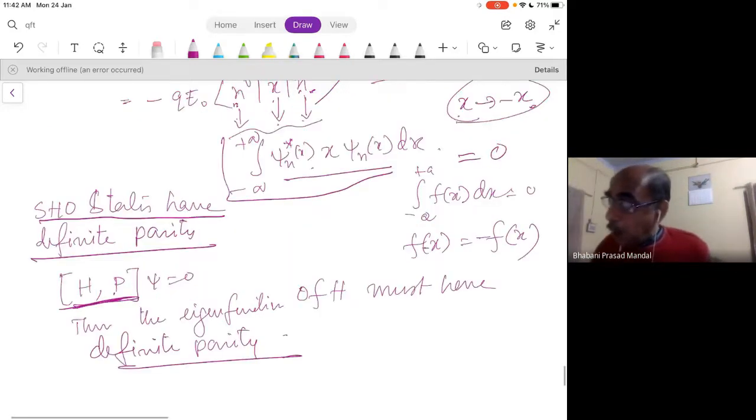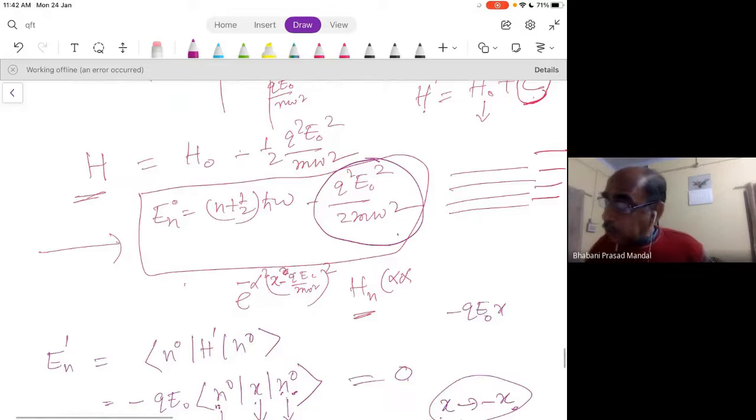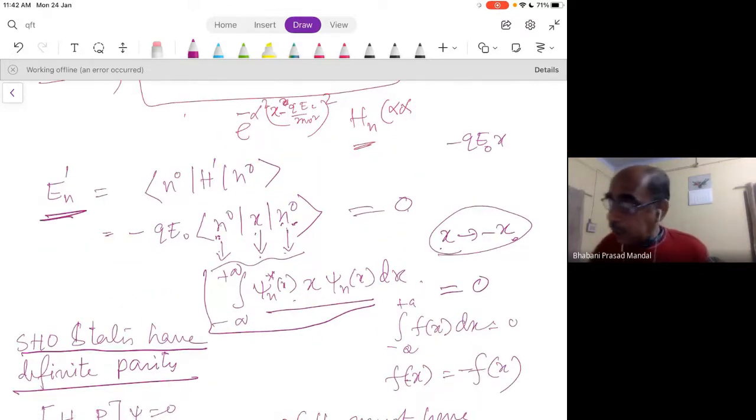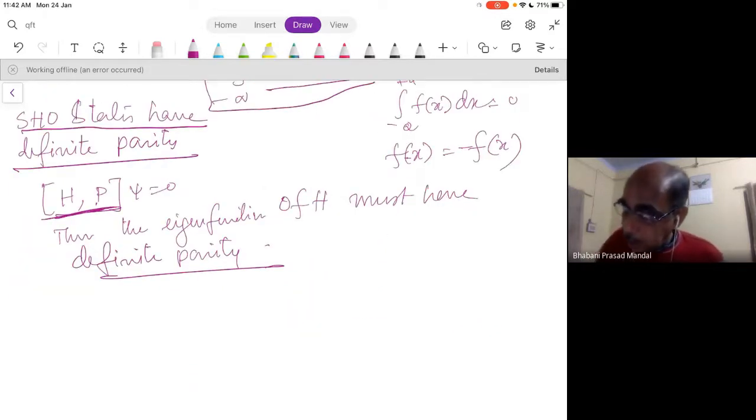Now, in our energy correction by the direct method, we find the first order correction is 0. So what about the second order correction then? Let us calculate the second order correction.